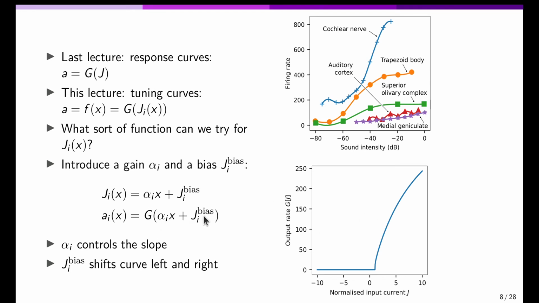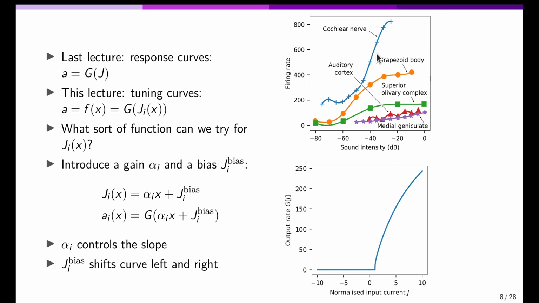But this sort of mapping should let us take this curve and shove it around to turn into these curves. So that gives us an initial stab at how we might want to convert these things together. We're going to have this sort of relationship between the current flowing into the neuron and the value being represented.